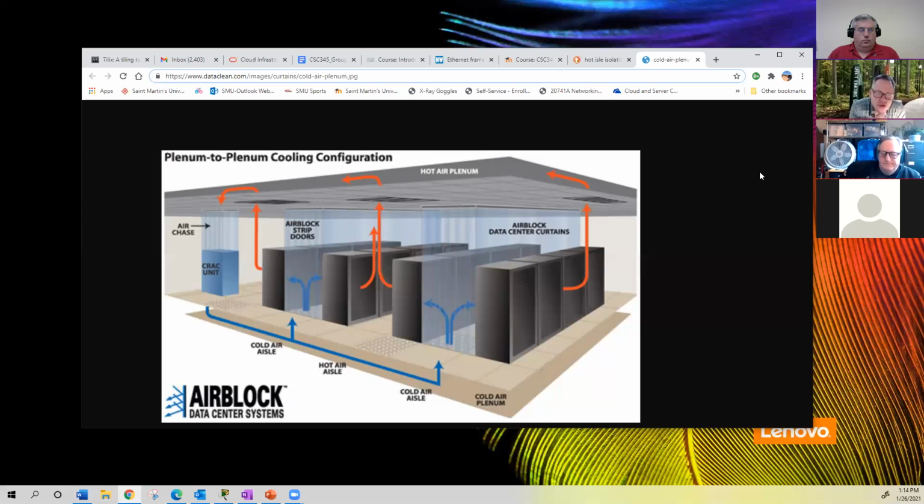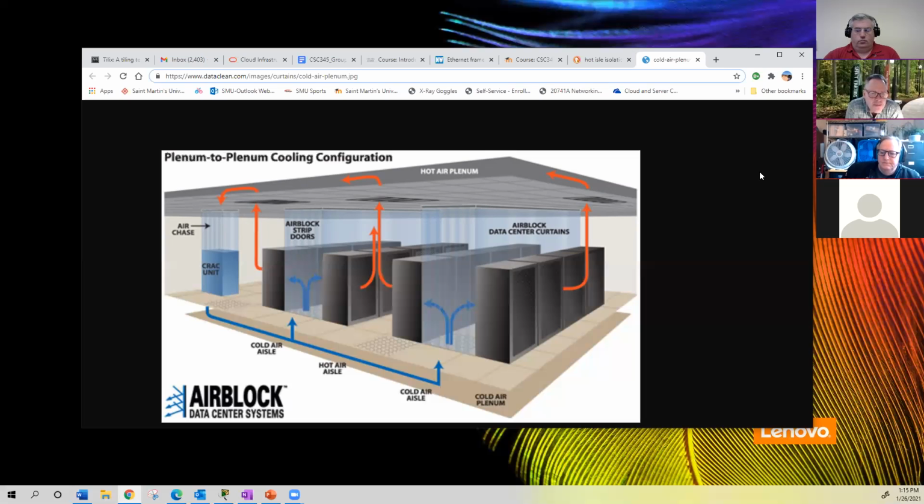Part of that cooling is also some filtering for particulates, which is dust and different things in the air, and that is filtered as well. Also, the humidity is managed by that crack unit to have a specific amount of humidity in the data center, because with too little humidity, if it's too dry, you can have static electricity.